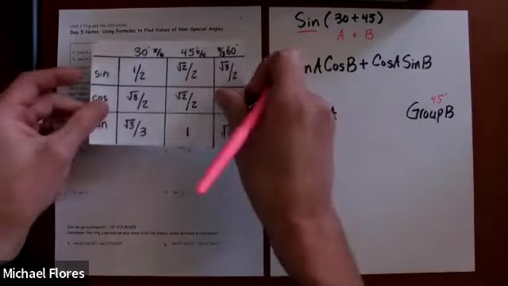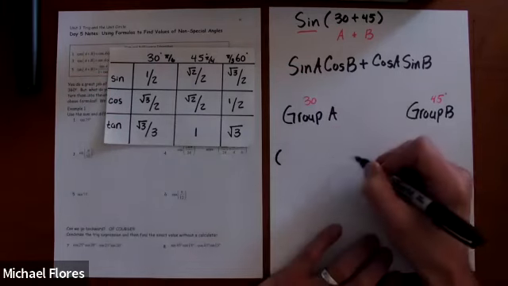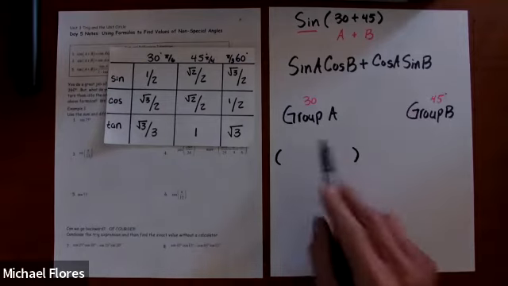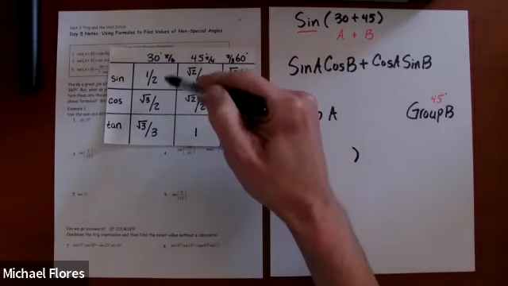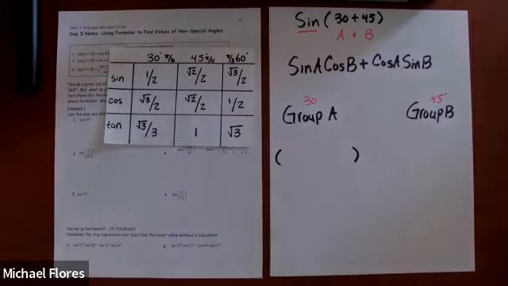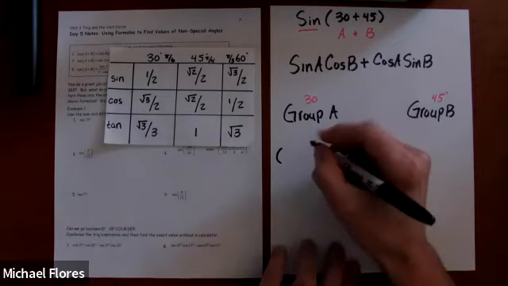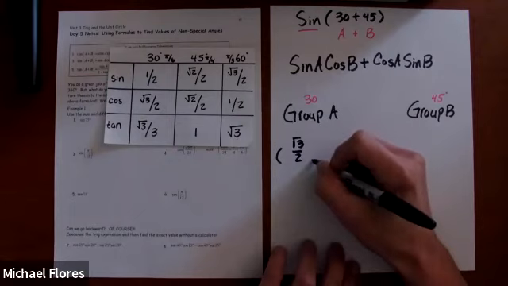If you need the cheat sheet, here it is. So if you'll notice in your formula, they are using sine, they're using cosine. So I need to find the sine and cosine values of 30 degrees. If you don't remember what they are, here they are. We only need the sine and cosine. And it matters what order you write them in. Reminder, as an ordered pair, you start with your cosine value first.